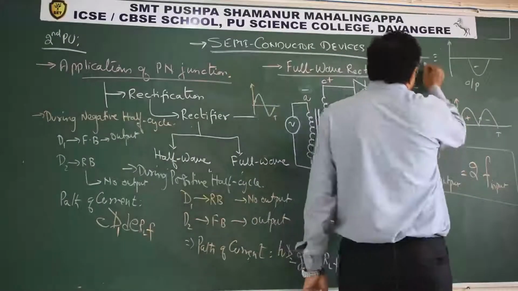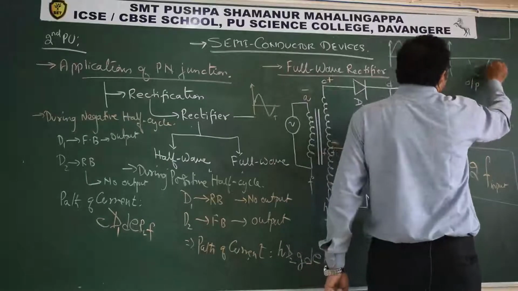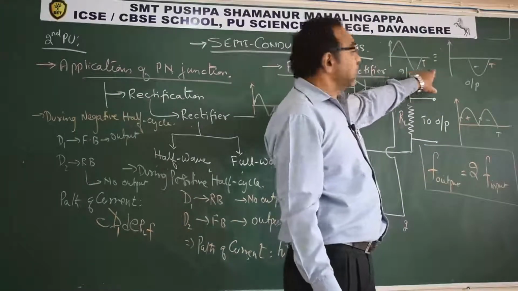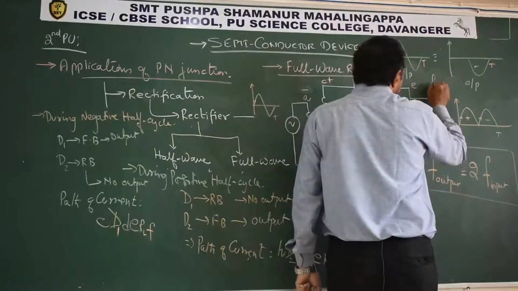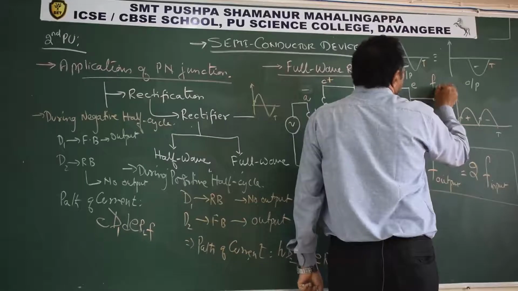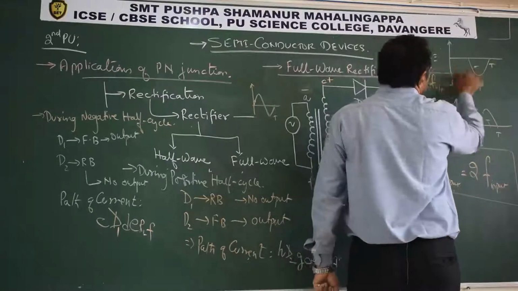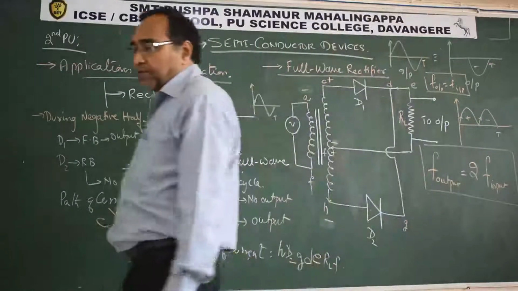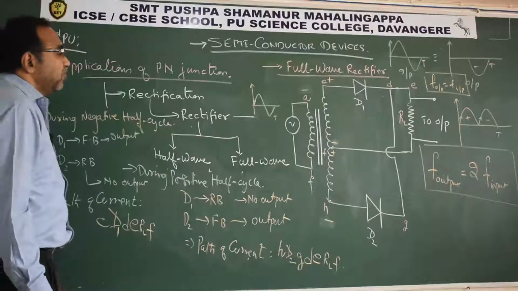If I try to find the frequency relationship, this is T, this is T. Here also one wave, here also one wave. So in case of a half wave rectifier, F output and F input are the same. This is the frequency relationship in case of half wave rectifier and full wave rectifier.